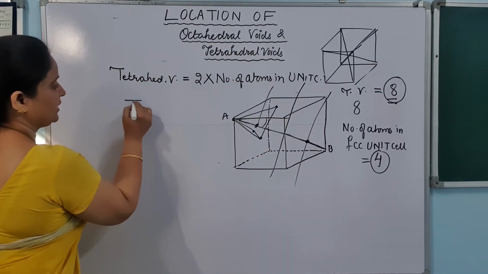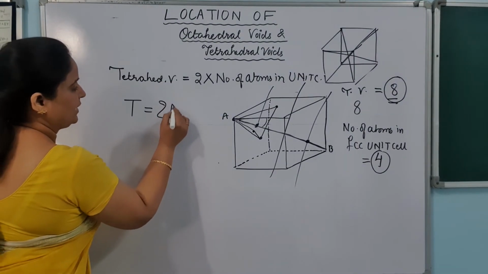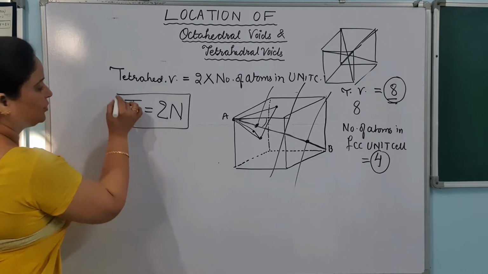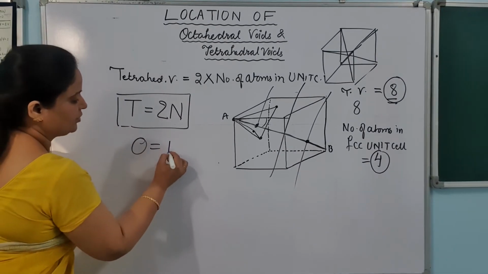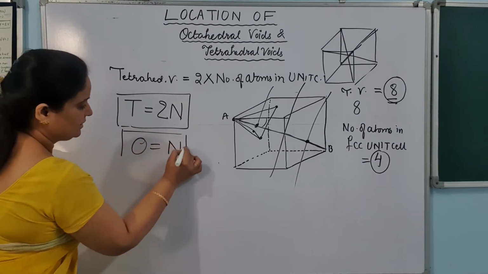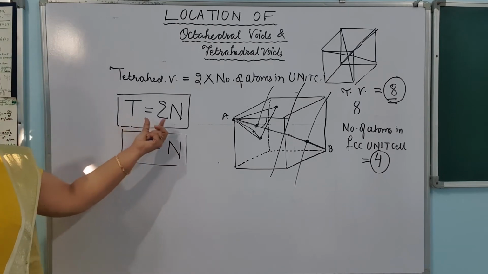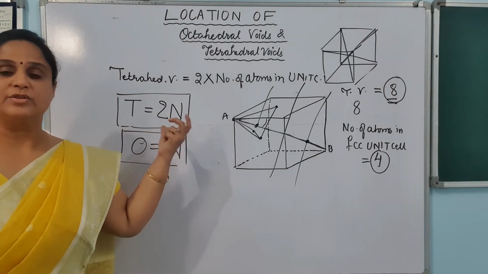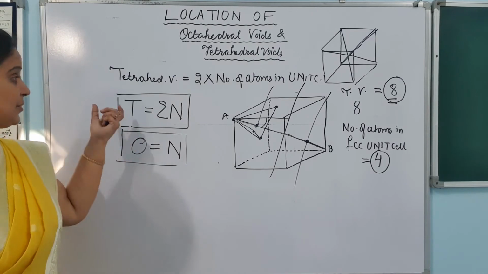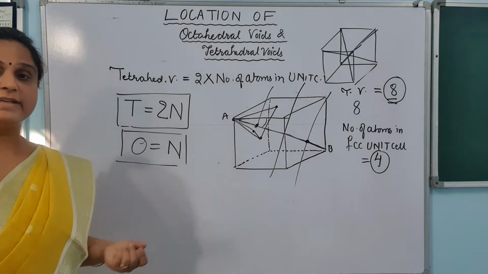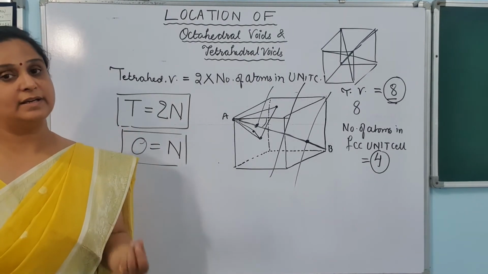Okay, so we can write it as T = 2n. So you have to learn only O is always equal to n, and T is always equal to 2n. So this way you have calculated the number of octahedral voids and tetrahedral voids present in any crystal.